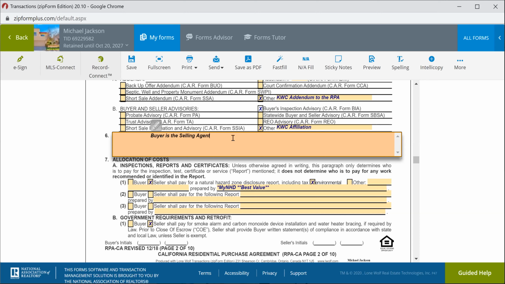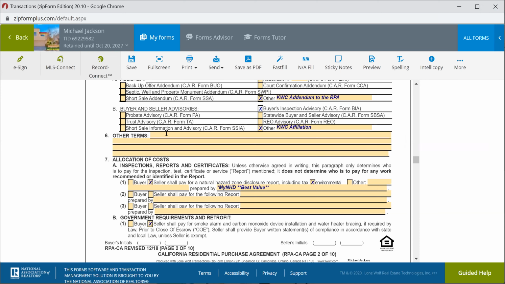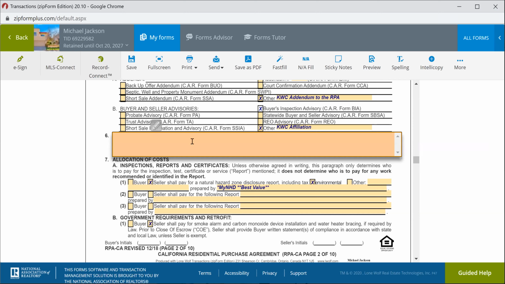How about if I have a selling agent, but I'm a real estate agent that's a seller? Would I indicate that the seller is a real estate agent, even if I'm not representing myself? Yes, absolutely.